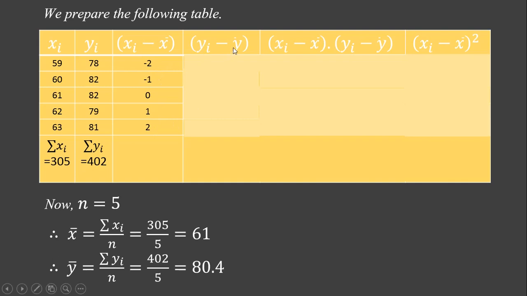Now yi minus y bar, here the value of y bar is 80.4.